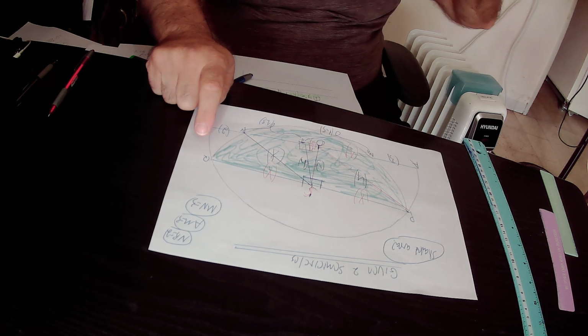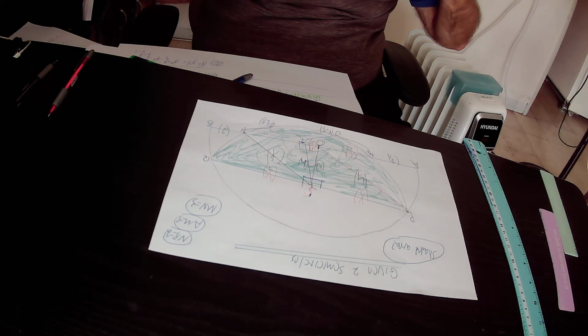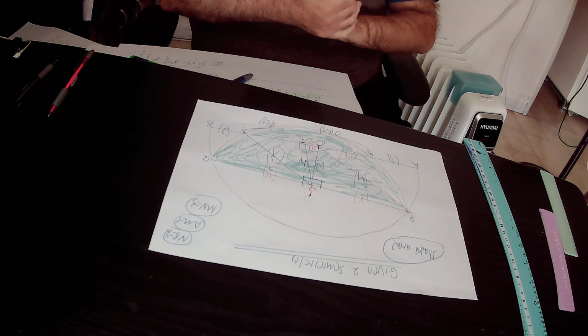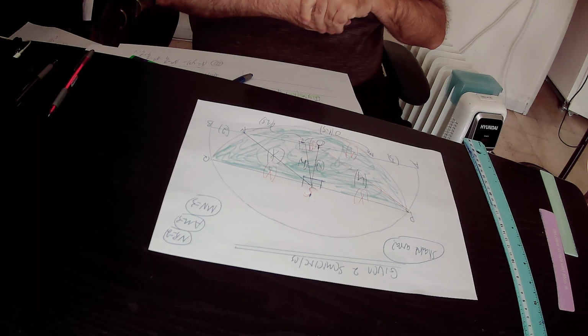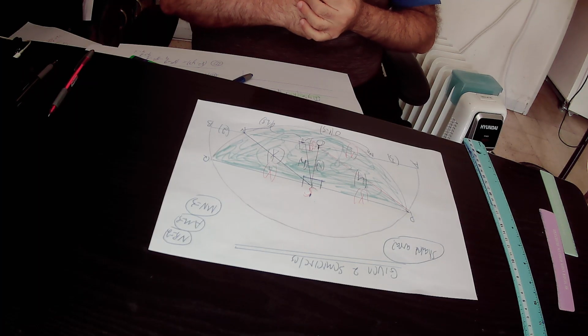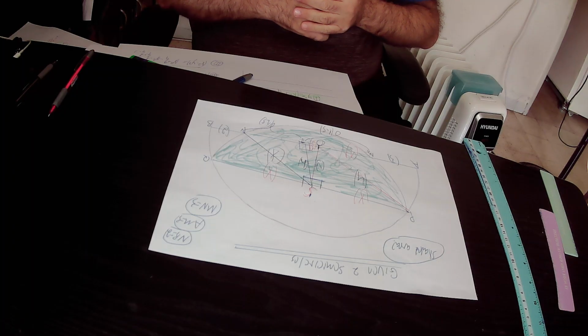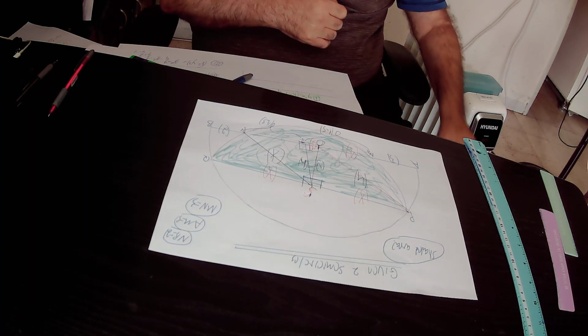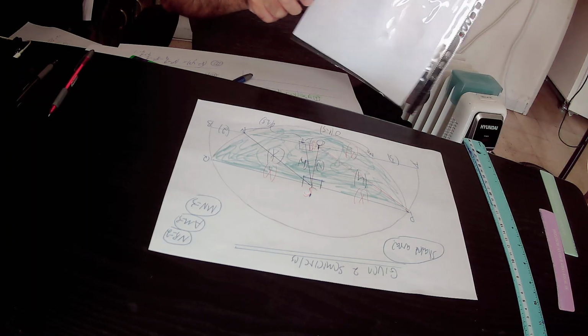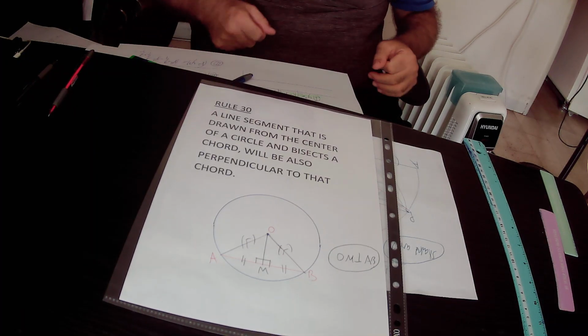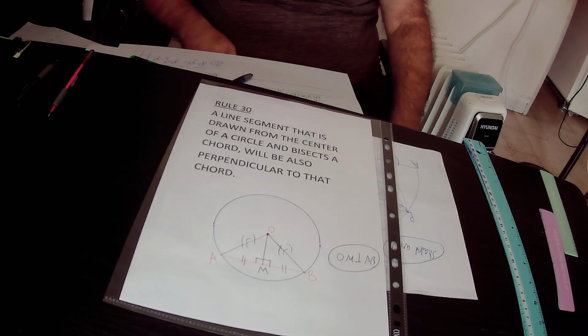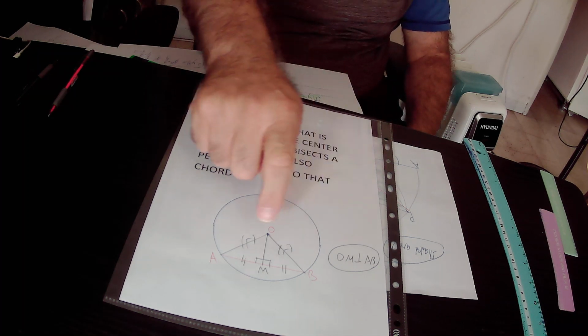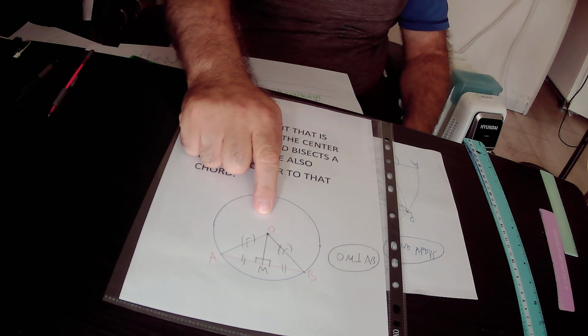According to rule 30, whenever you draw from the center of the circle a line segment that bisects a chord, the chord will also be perpendicular to that line segment.